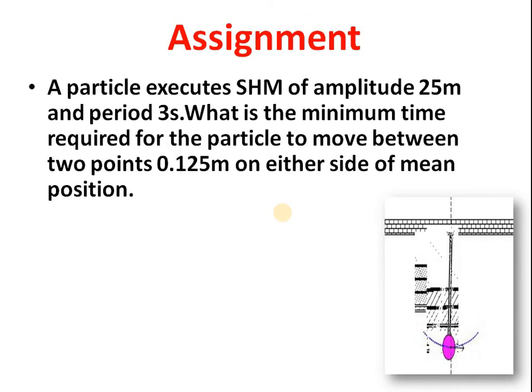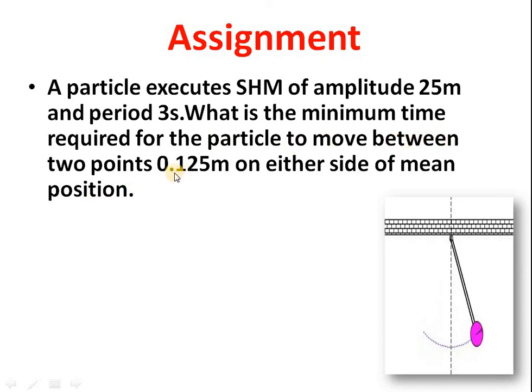So here is now the time for assignment. We have a single problem. A particle executes a simple harmonic motion of amplitude 25 meter and period 3 seconds. What is the minimum time required for the particle to move between 2 points 0.125 meter on either side of the mean position?